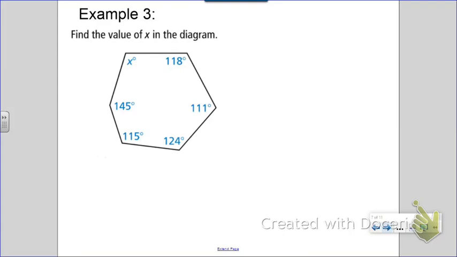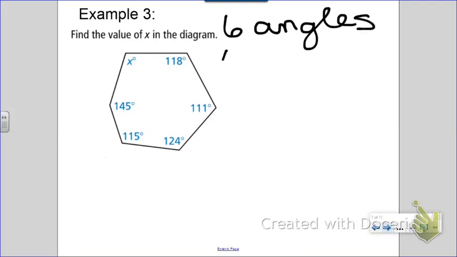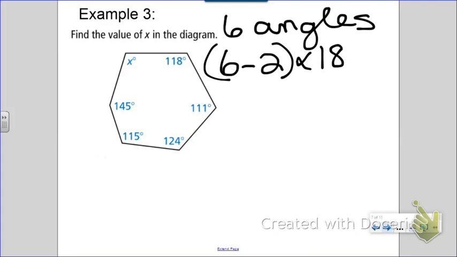In our next example, find the value of x. We have a total of 6 angles. The sum is 6 minus 2 times 180 degrees, 4 times 180.